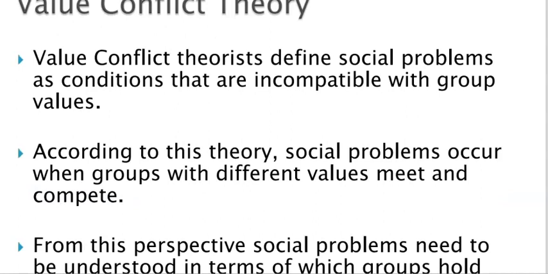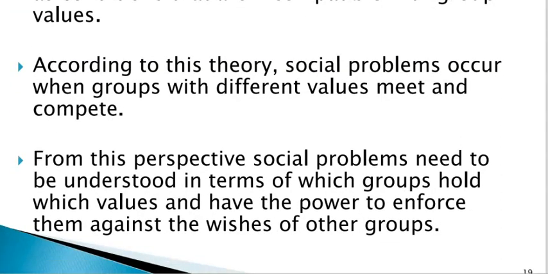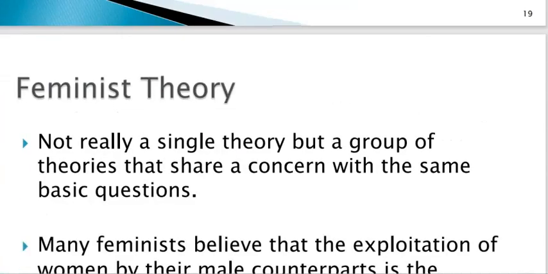The conflict theorists define social problems as conditions that are incompatible with group values. According to this theory, social problems occur when groups with different values meet and compete. And from this perspective, social problems need to be understood in terms of which groups hold which values and have the power to enforce them against the wishes of other groups.